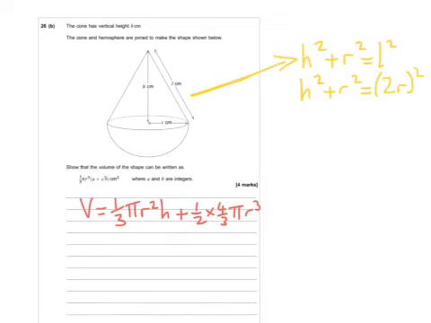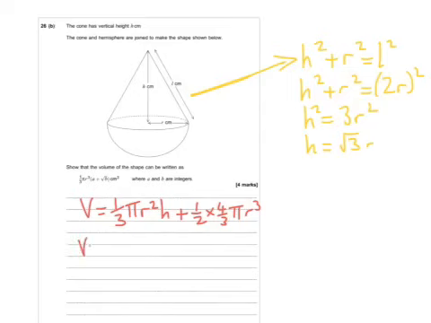Alright, so we now know that h squared equals 3r squared, which means that h equals √3 r.